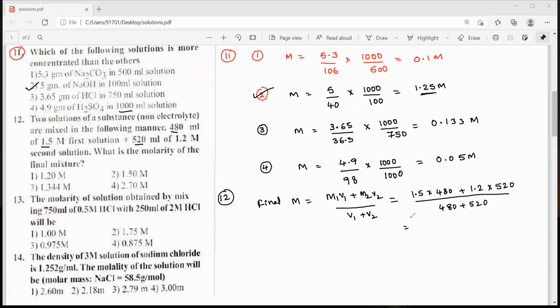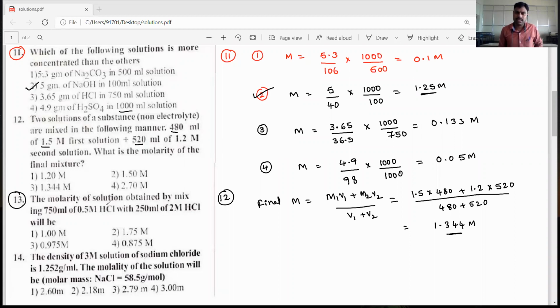On simplification we will get 1.344 molar. Okay, dear students, the important formula here is: when two similar kinds of solutions are mixed, the resultant molarity is M1V1 plus M2V2 by V1 plus V2.